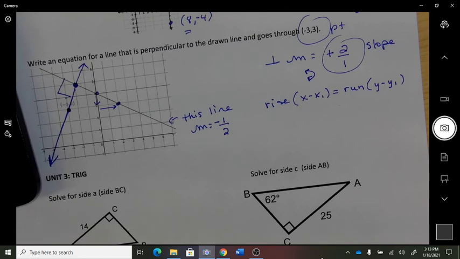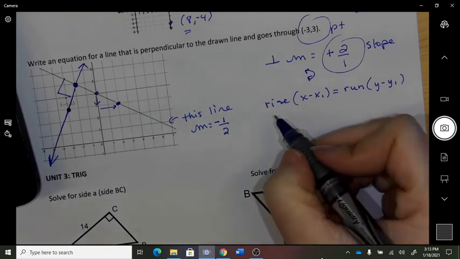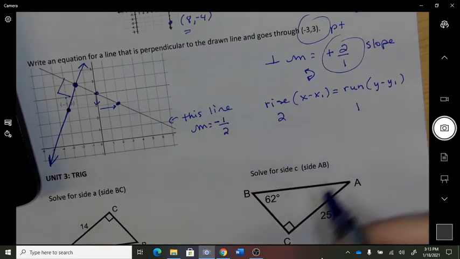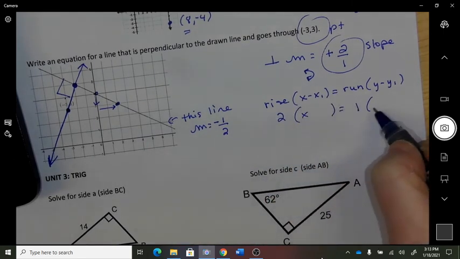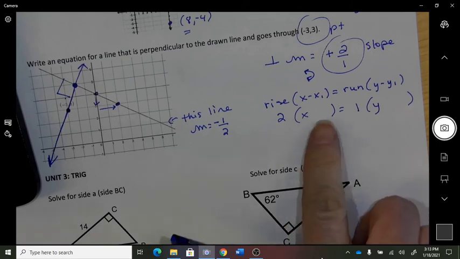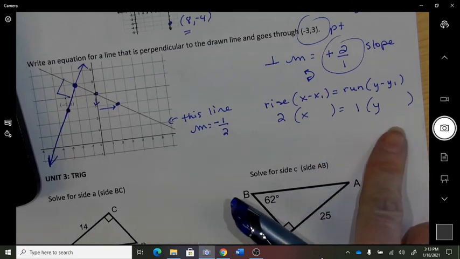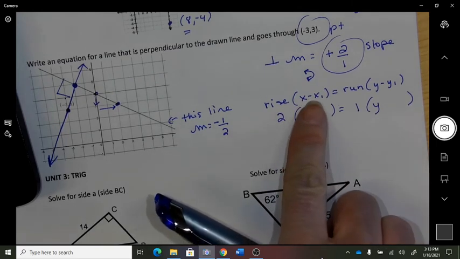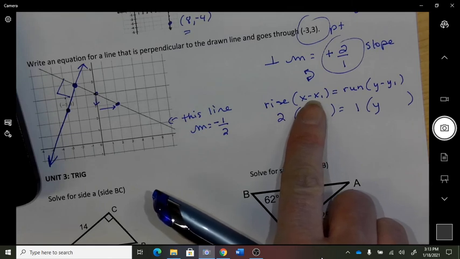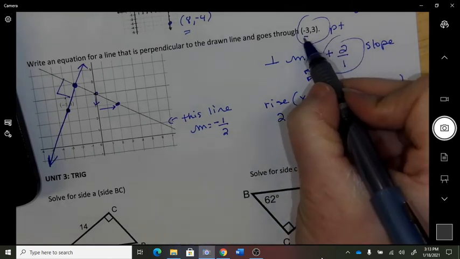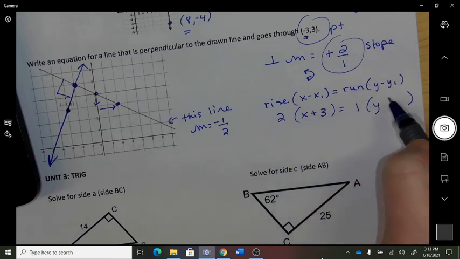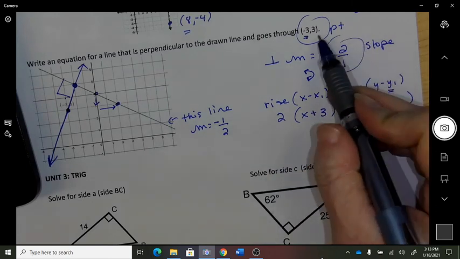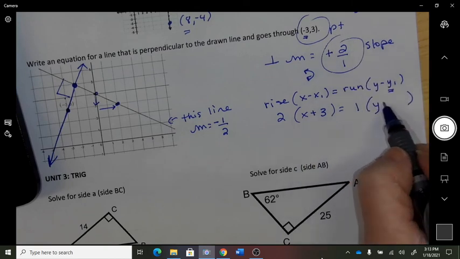I know a point and I know slope, so I'm going to use point slope. So 2 and 1, that's my slope, x and y. So now I fill in my point, but remember, because in the formula you're subtracting the values, you always write the opposite. So what's the opposite of this x? Plus 3. And what's the opposite of the y? Minus 3.